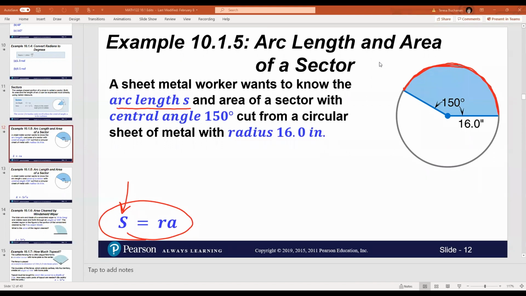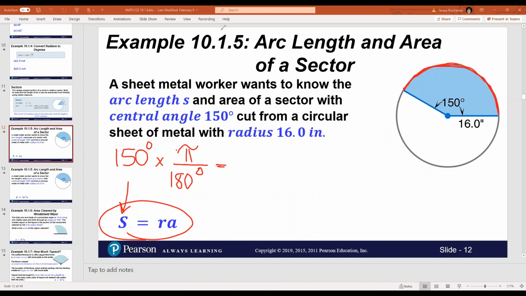So the radius, of course, that's okay, but the central angle of 150, we can't use it in that form. We have to get out of degrees and into radians. How do I do it? I use my unit multiplier. I want to get out of degrees, so I put degrees in the basement. I remember that 180 degrees is equal to pi radians.